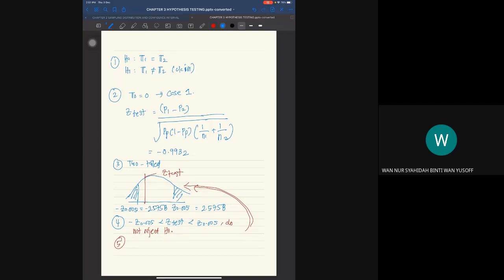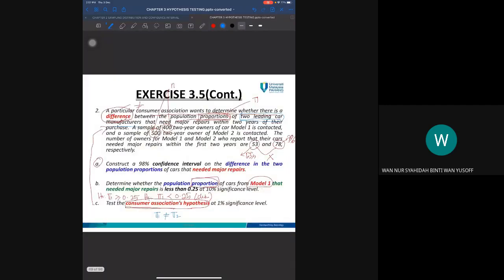Okay. So at alpha 0.01, there is enough evidence to reject the claim that there is a difference between the population proportion of the two leading car manufacturers that need major repair.